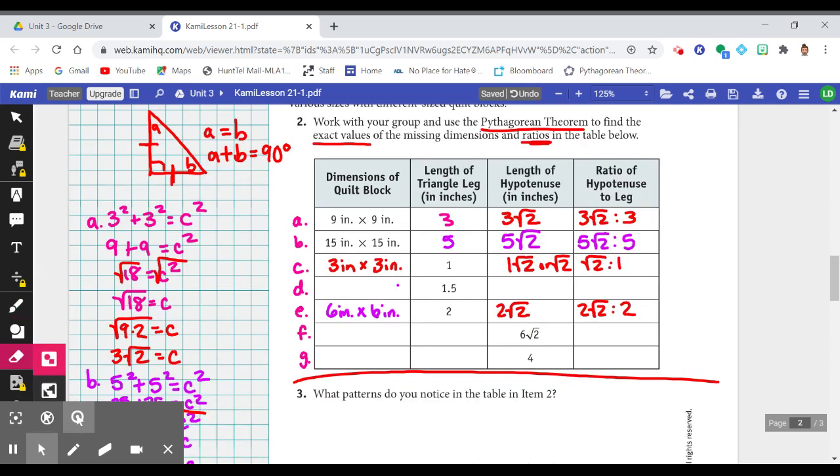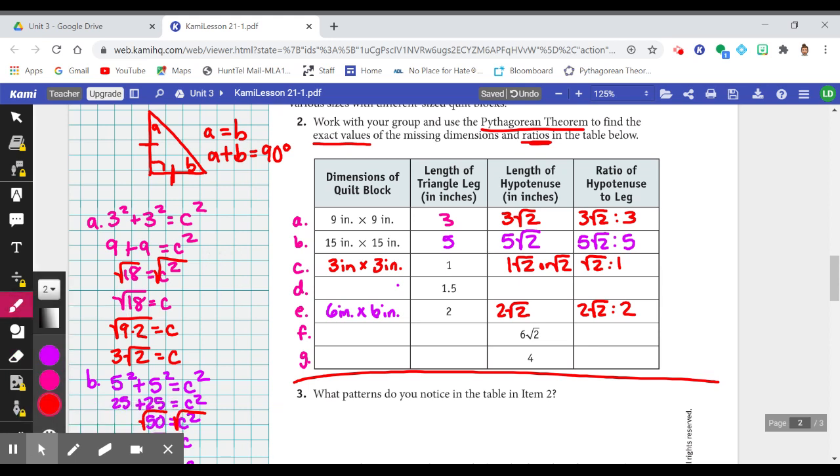Okay, hopefully as you were working through this using the Pythagorean theorem, and a lot of that work is over here on the left-hand side, you figured out that there's a pattern emerging. There's a ratio that is consistent between the hypotenuse and leg of any isosceles right triangle. Now, you might have been confused here, but we started with a 9x9 block, and then each of the smaller squares will have a 3-inch leg, just like we saw in the original design.